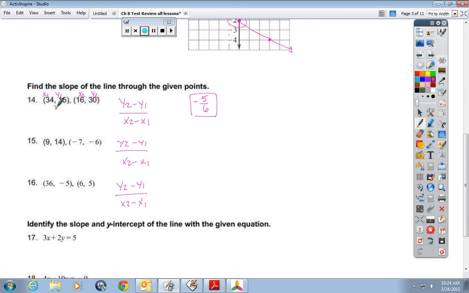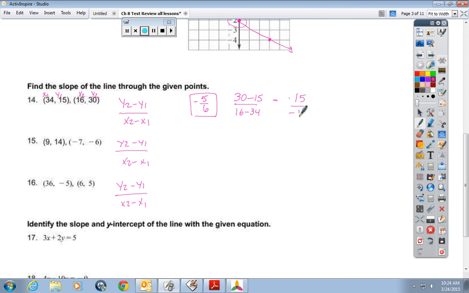Do we have to simplify it? 30 minus 15 is positive 15, but 16 minus 34 is -18. And then this reduces to that.